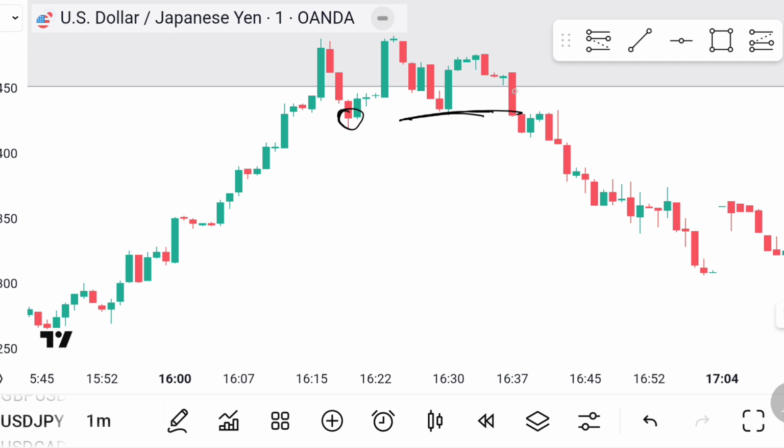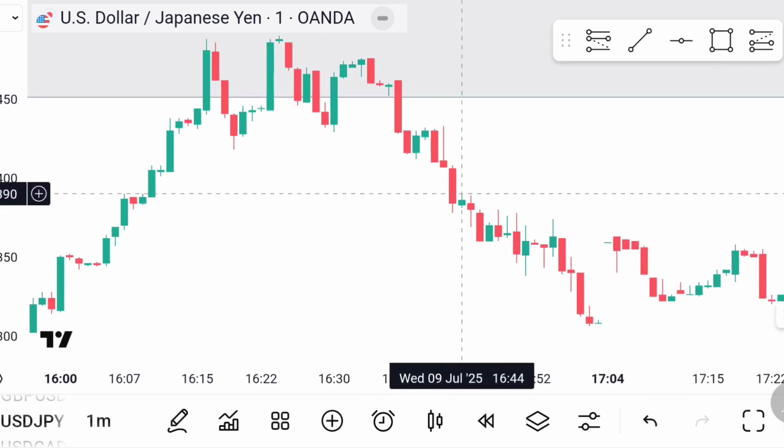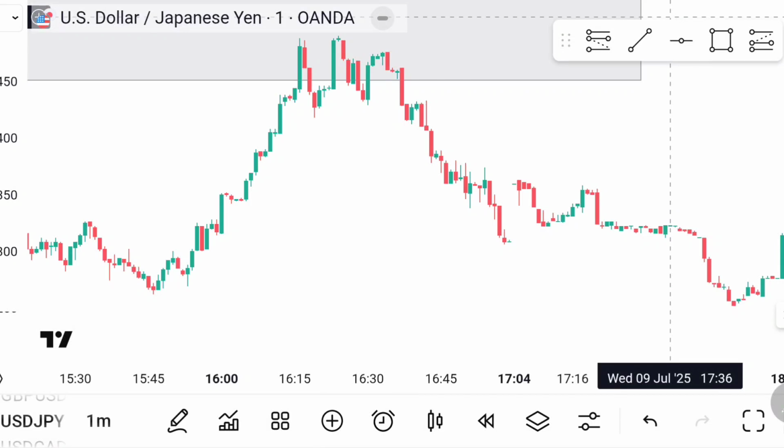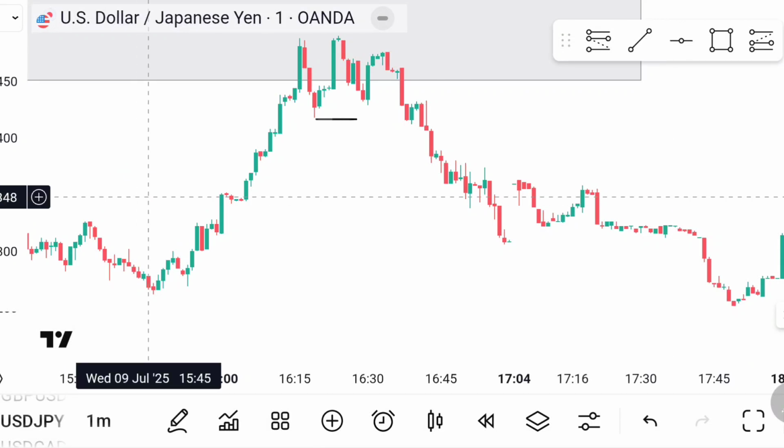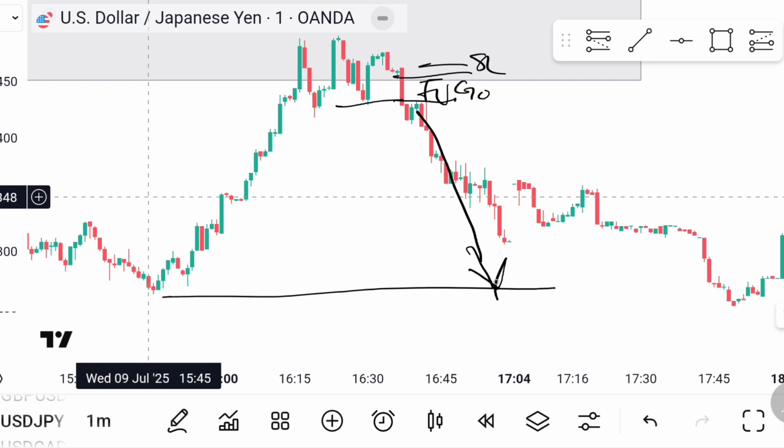So the market broke this structure here and returned to this FVG, which formed the entry. The market just returned to the FVG here. This was a break of structure, FVG. So this is our entry, stop loss here, and right down to the final take profit.